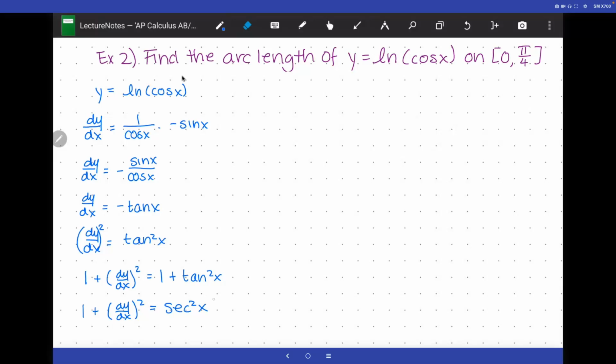It's not added. Yeah, it's just one big thing. All right, so you should have at least gotten to here.